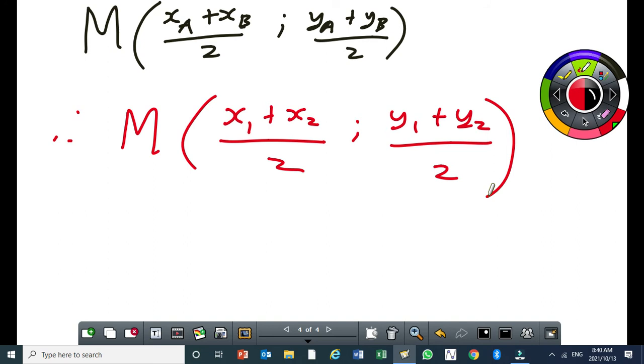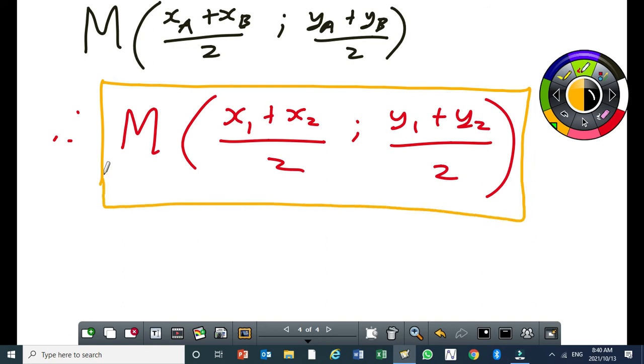Okay, so this is the famous distance midpoint formula, which you are going to use a lot. Please take note here that I started with x1, you can also start with x2.